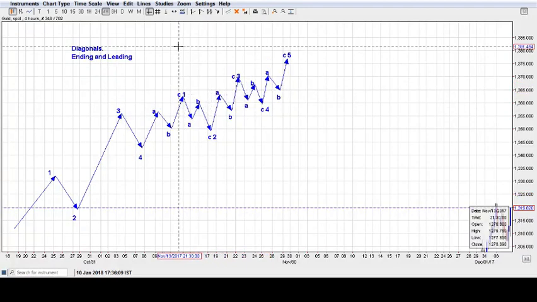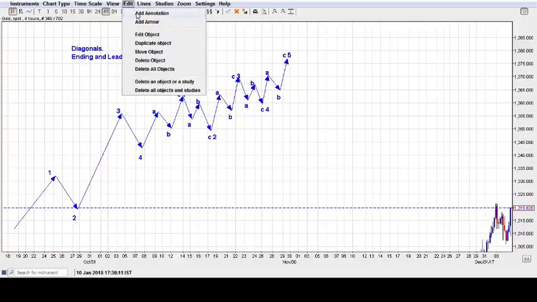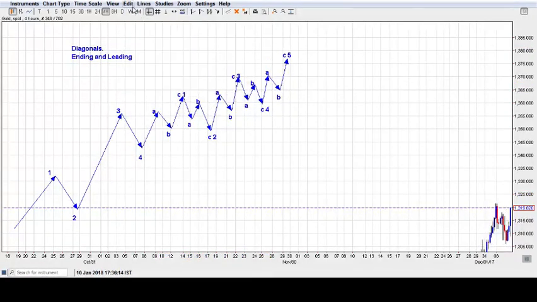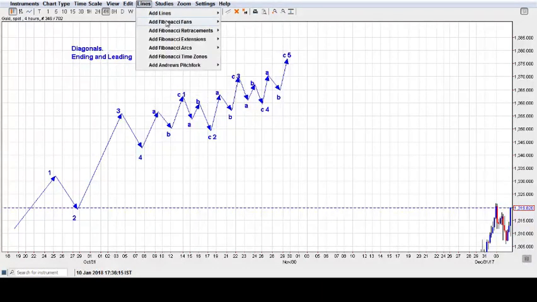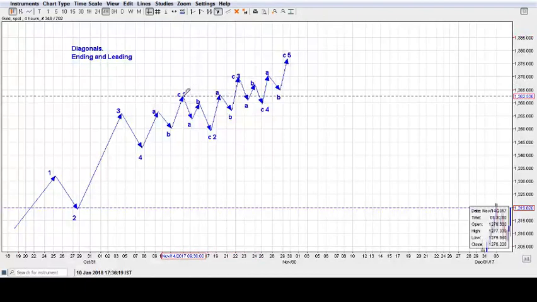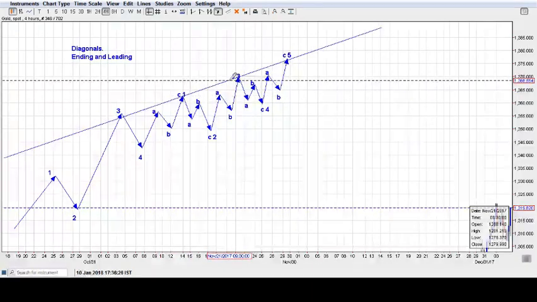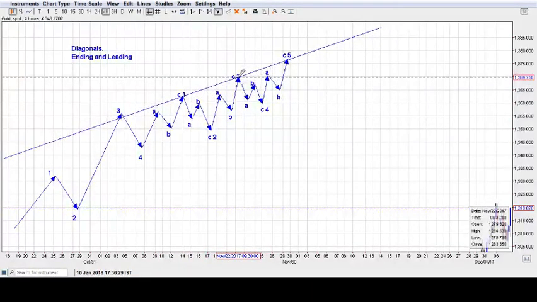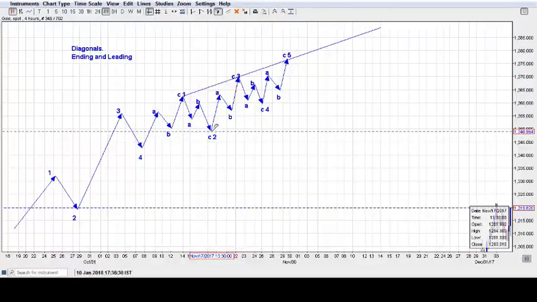Let's draw the boundaries. Got to connect the termination points of waves 1 and 3, and then you've got to connect the termination points of waves 2 and 4.